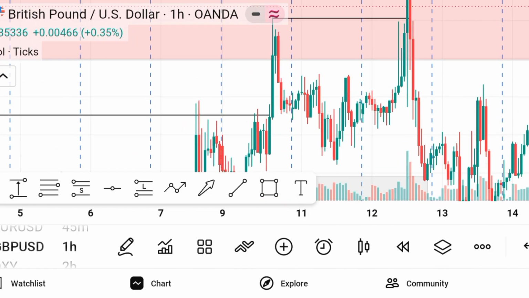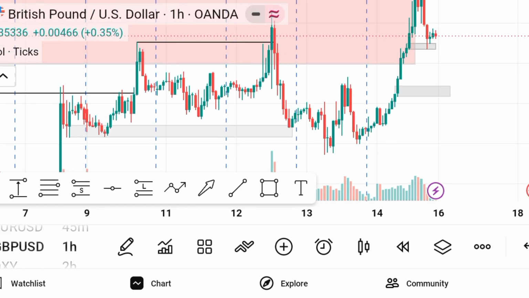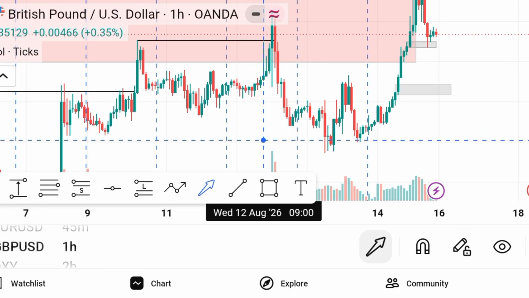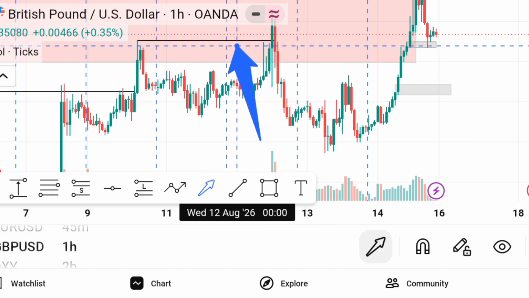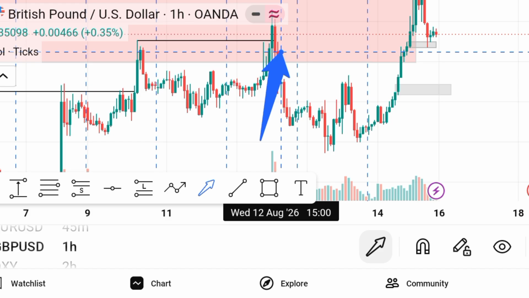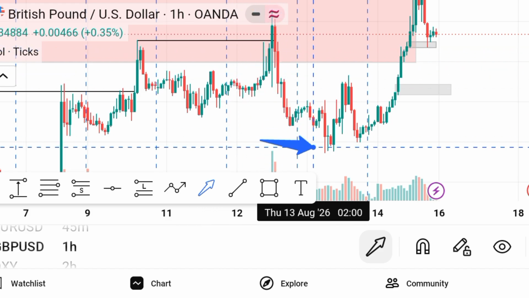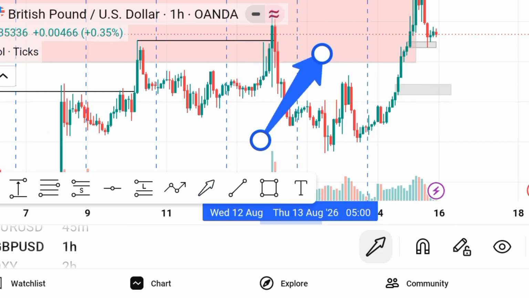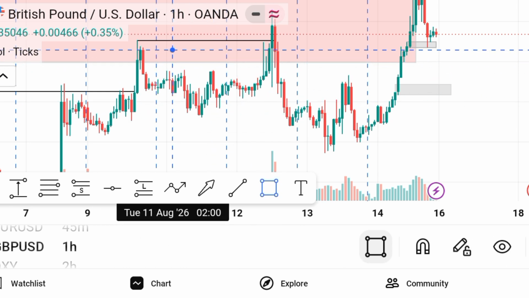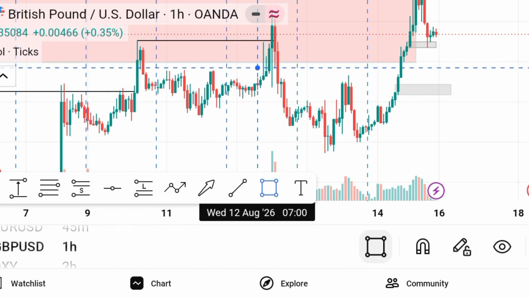Now this is what most SMC traders will do. They will map out the order block that caused this break of structure here, and wait for price to return to that order block, so that it will continue pushing the market to the upside. Now, where is the order block that caused this last break of structure?